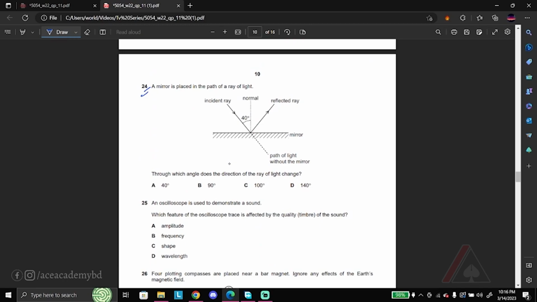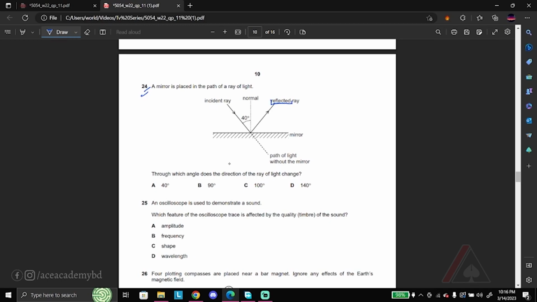24 says a mirror is placed in the path of a ray of light. Through which angle does the direction of the ray of light change? So this is an example of reflection. Quite clearly mentioned here, this is the reflected ray.